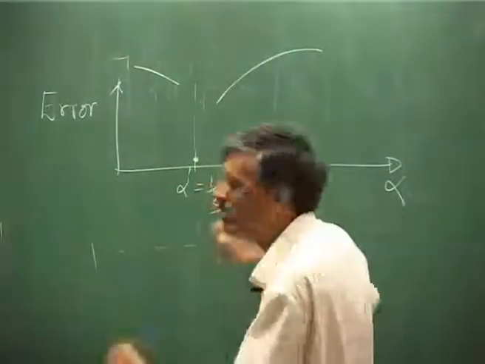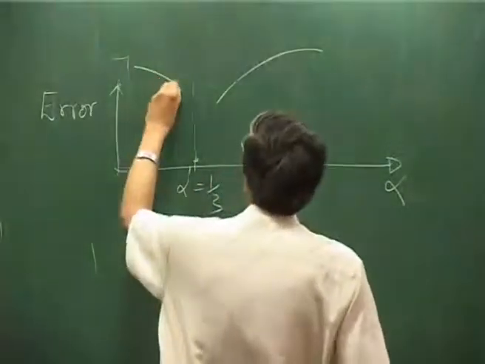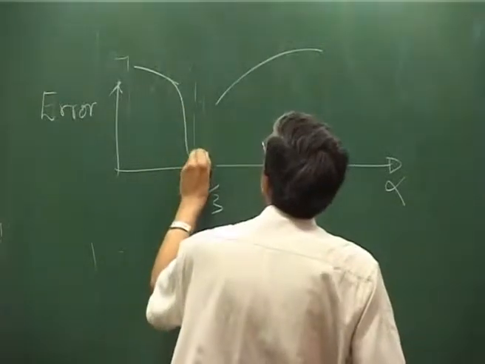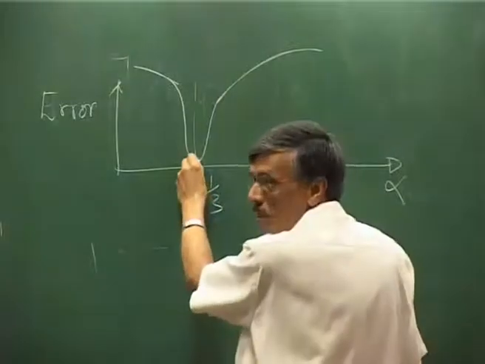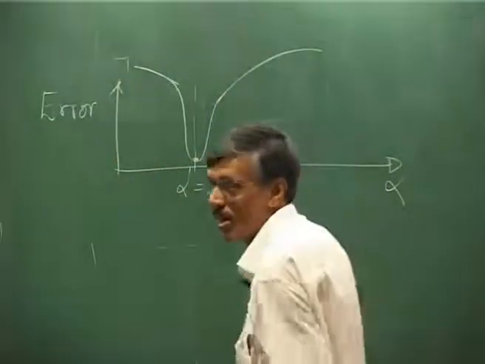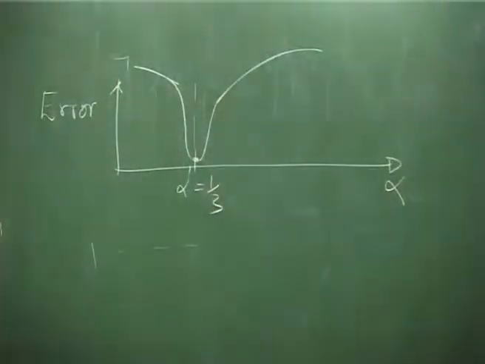Error does not behave like this. It could still be some continuous function. It cannot just be at one point here and the next point somewhere else. It does not happen that way. So that's that.